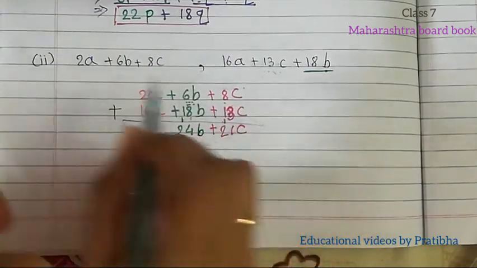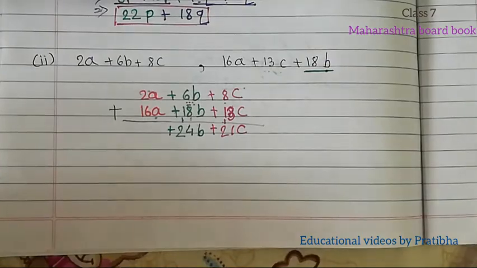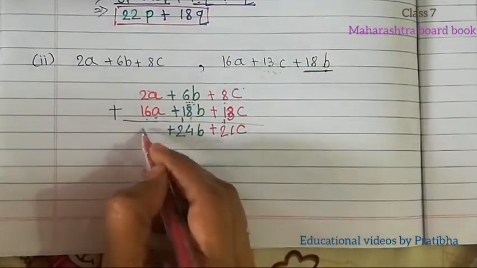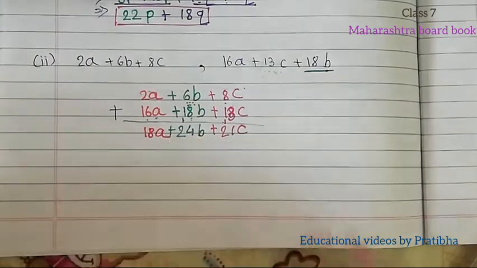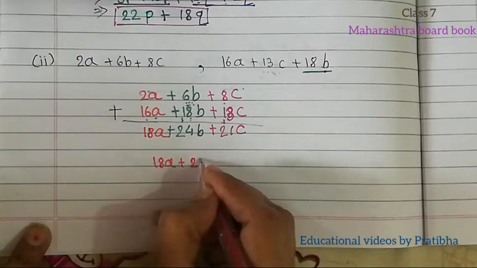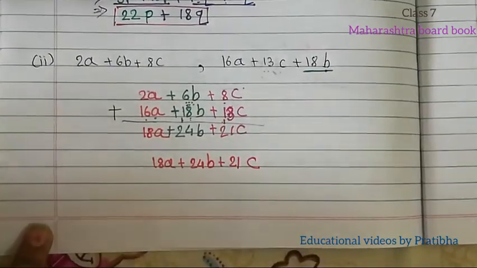B will remain as it is. Plus sign will give plus sign only. Now let us add the first term. 16 plus 2, 18. So we got the answer as 18a plus 24b plus 21c. So this is our answer.